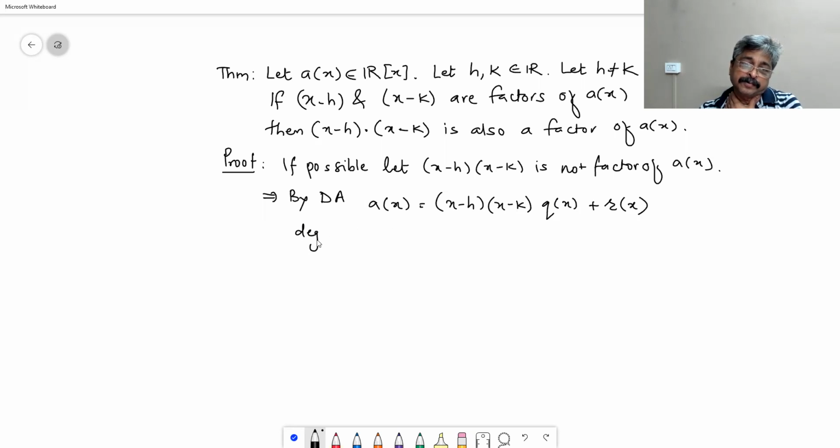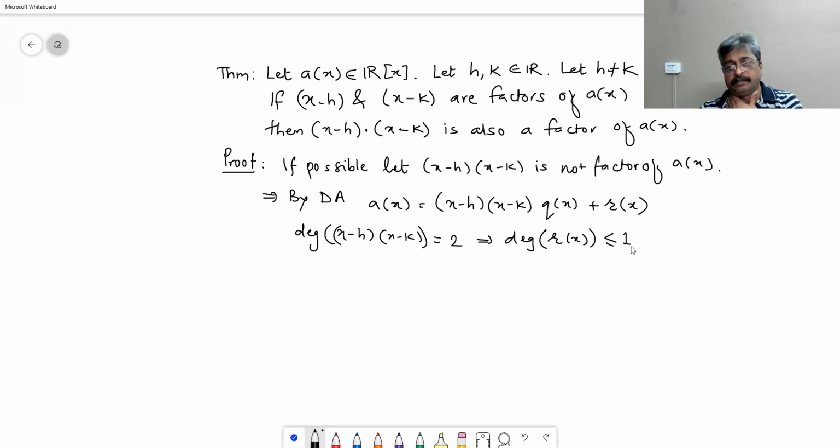Degree of the polynomial (x minus h)(x minus k) is equal to 2, implies degree of r(x) is less than or equal to 1. Let r(x) be equal to ux plus v.